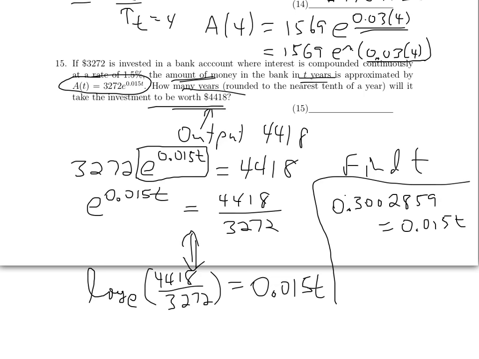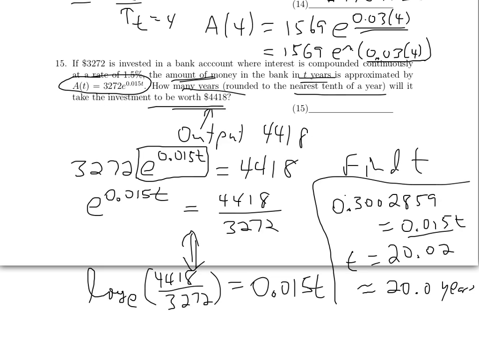And so now if I divide both sides by 0.015, I'll get t equals 20.02. So remember, that's a time, that's years. They want this rounded to the nearest tenth of a year, so this is approximately 20.0 years.